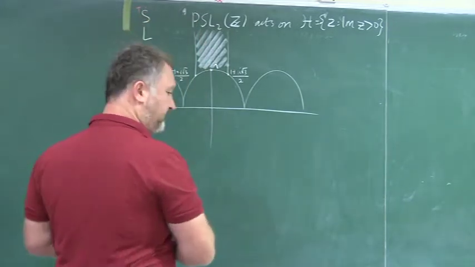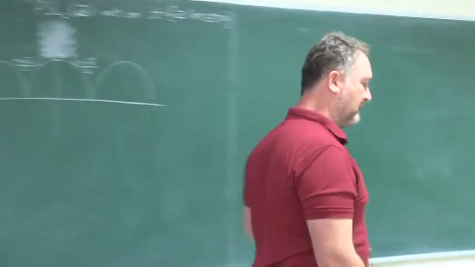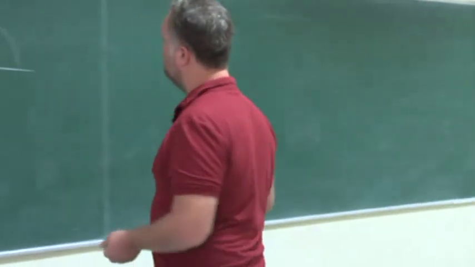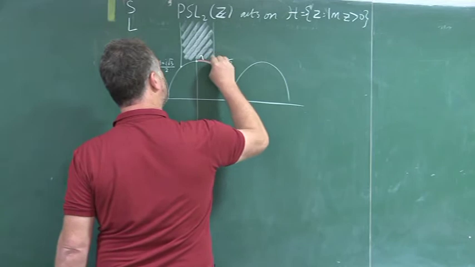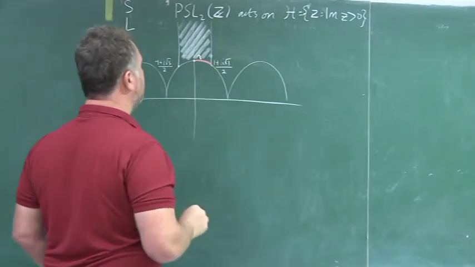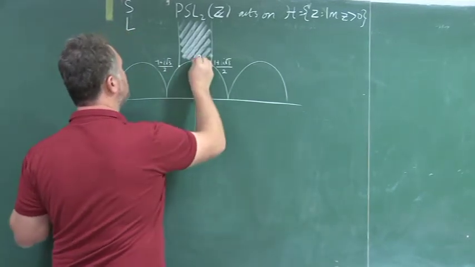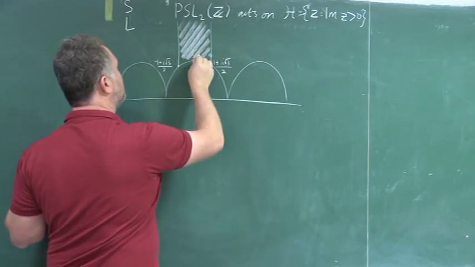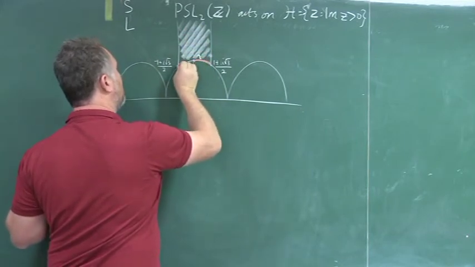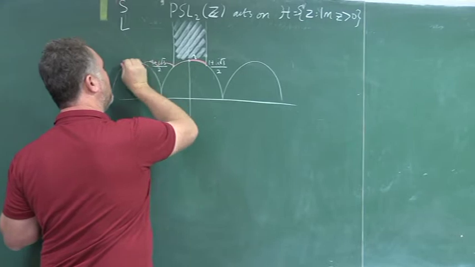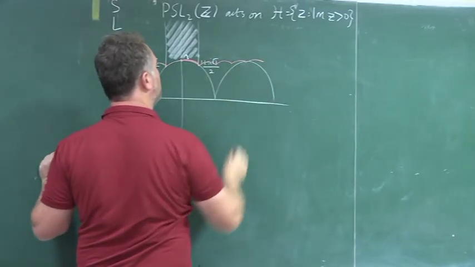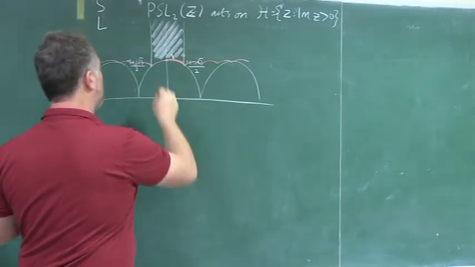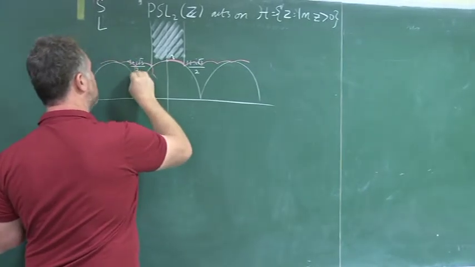So if I now take an arc in the boundary of the fundamental region, and if I take its orbit under the PSL2Z action, I obtain a complex and hyperbolic model for the Farey tree. So the tree goes on like this.